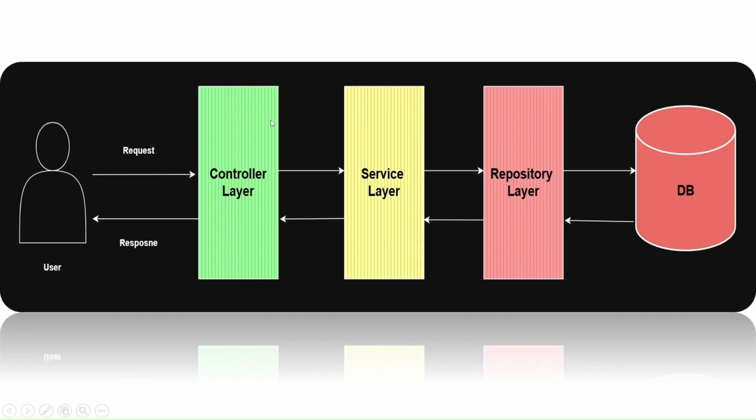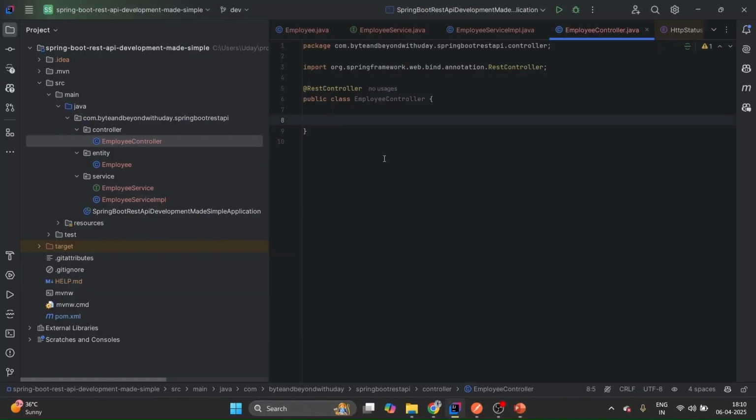You can see the controller layer is calling the service layer. So we need the service layer inside the controller. So let's declare the service over here. Our service is EmployeeService.